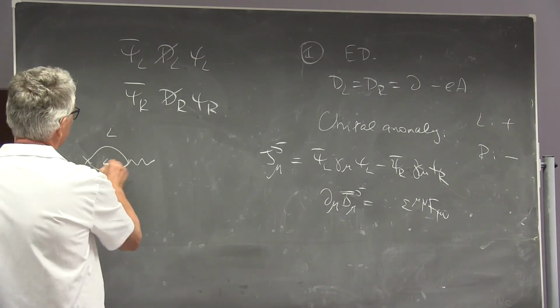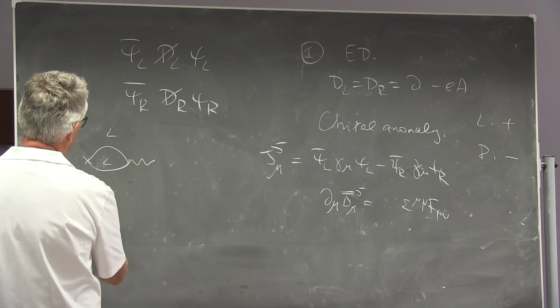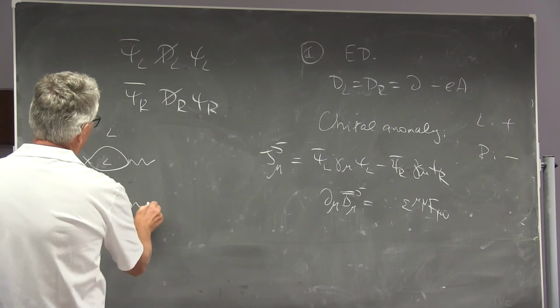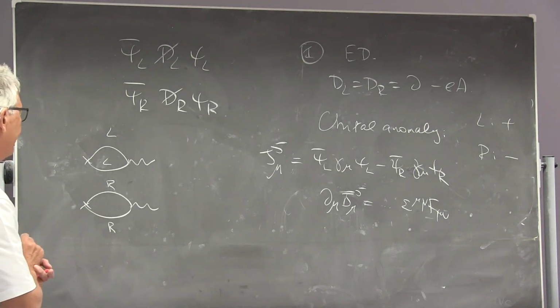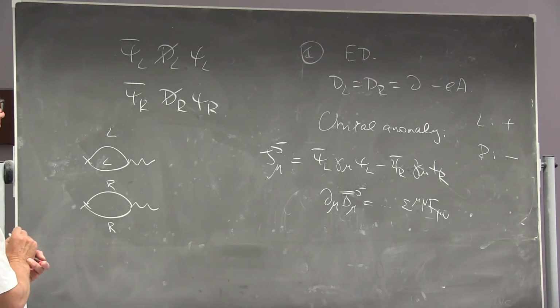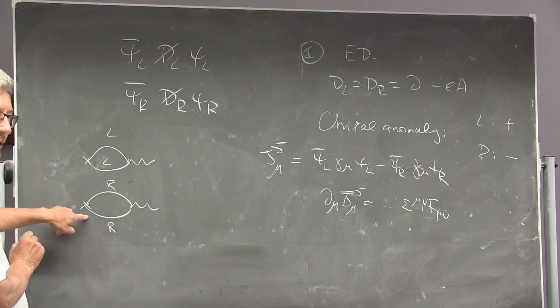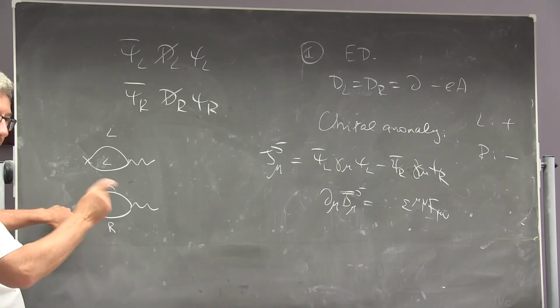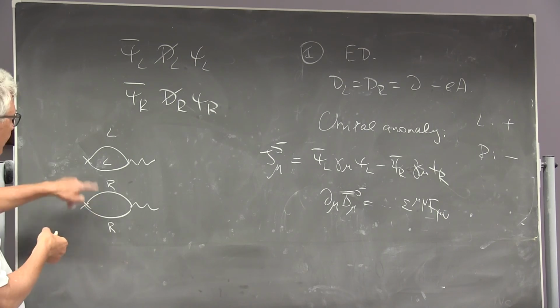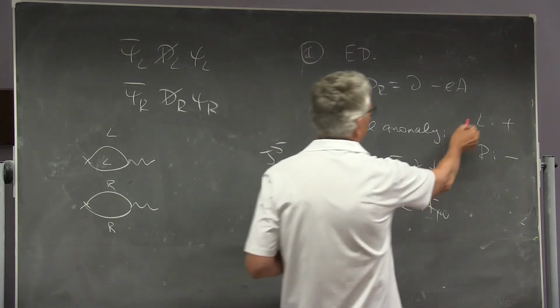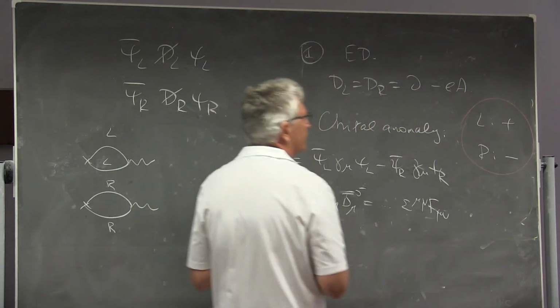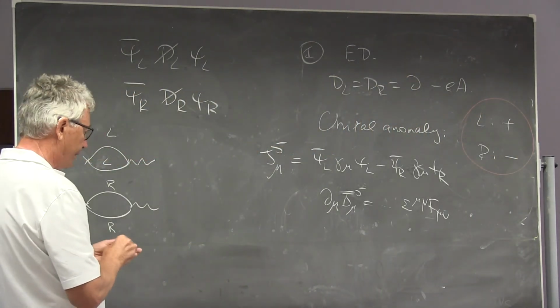This is the left field, and here you have this current, and here you have the right field. These loops, the left loop and the right loop, come with opposite sign. So let's take the theory with the assignment which I used, plus and minus.